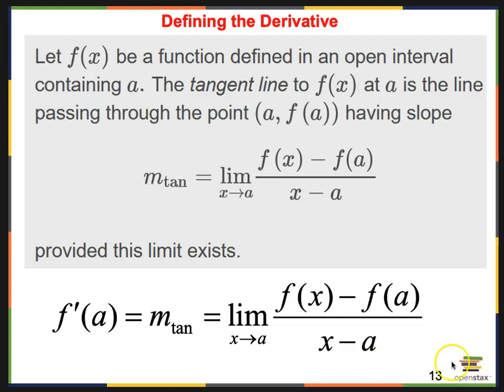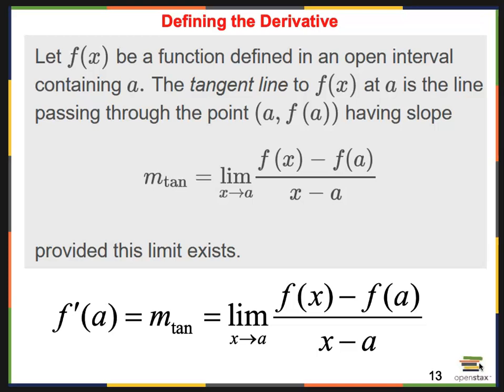So let's look at the definition. Defining a derivative. Let f of x be a function defined in an open interval containing a. The tangent line to f of x at a is the line passing through the point a, f of a having slope, and here's again the slope of the tangent line, equals the limit of f of x minus f of a divided by x minus a.